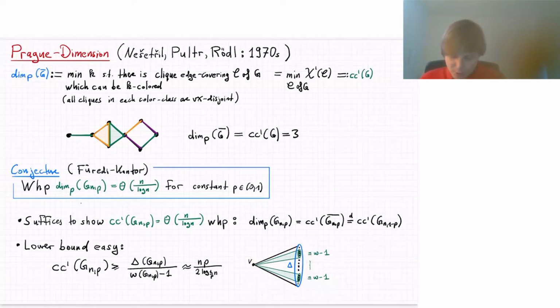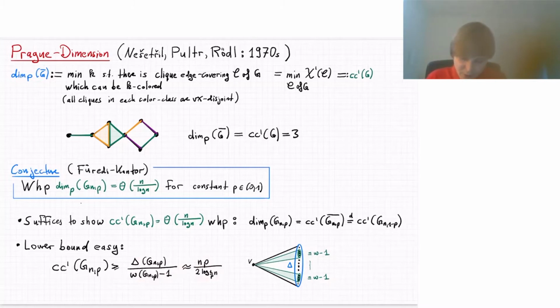So this is certainly a lower bound on the clique covering index: the maximum degree over the size of the largest clique minus 1. And these are, of course, very classical parameters. We understand very precisely how the maximum degree behaves in the random graph and how the largest clique behaves. So up to 1 plus little o of 1, the maximum degree is something like n times p, and the largest clique has size roughly 2 times log n to the base 1 over p.